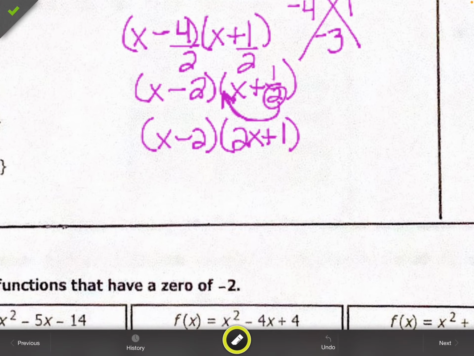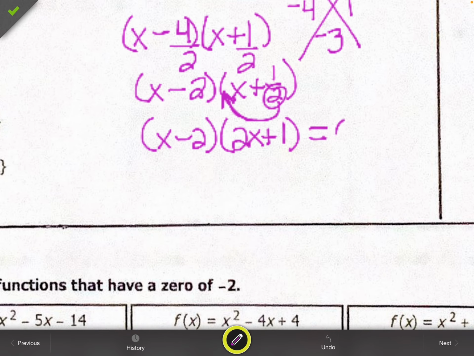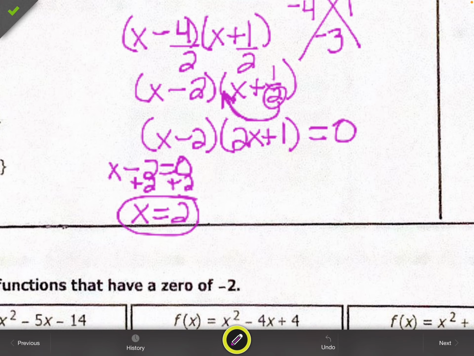To solve this by factoring, they told you it was equal to 0, or you would set it equal to 0. And then you just take the first part without the parentheses. So you'd write x minus 2 equals 0. And then you would solve that. Plus 2, plus 2. So x is 2. That is one of your answers.